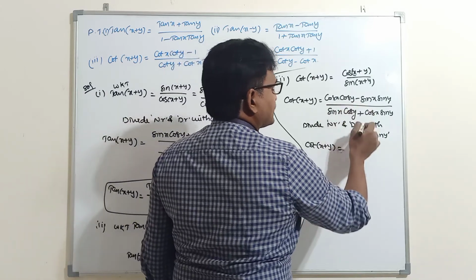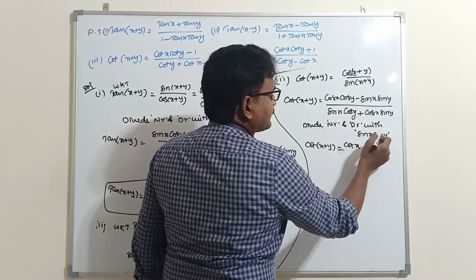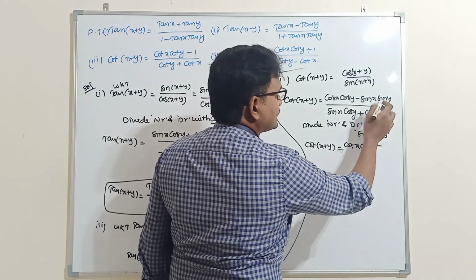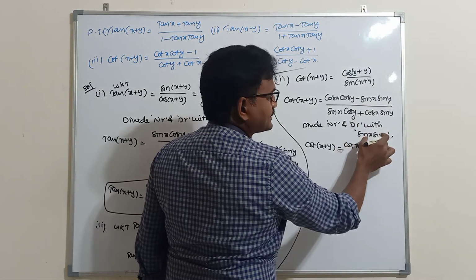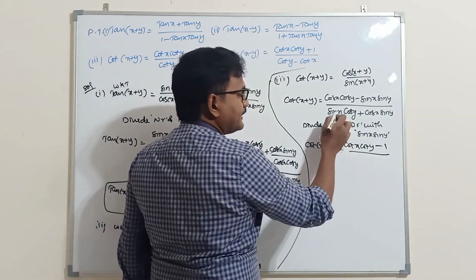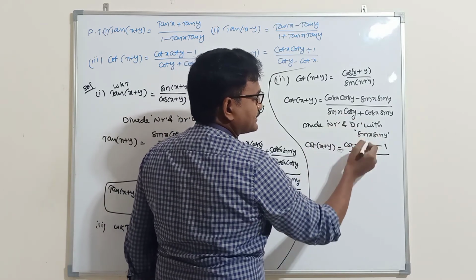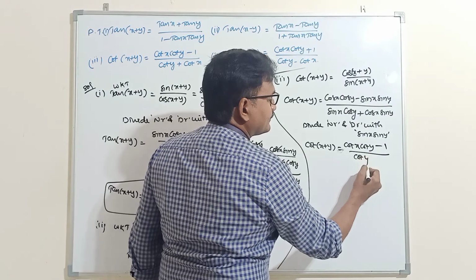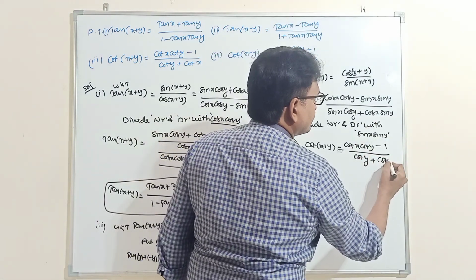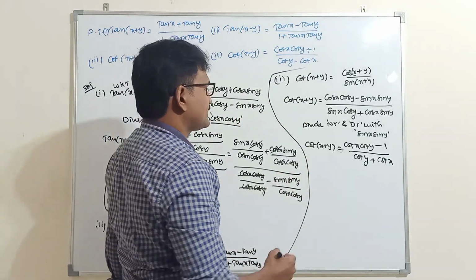Then cos x by sin x is cot x, cos y by sin y is cot y, minus, sin x sin y gets cancelled, you will get minus 1. Here, if you divide the denominator with sin x into sin y, sin x gets cancelled, here you will get cot y plus here you will get cot x. So this is the value of cot of x plus y.